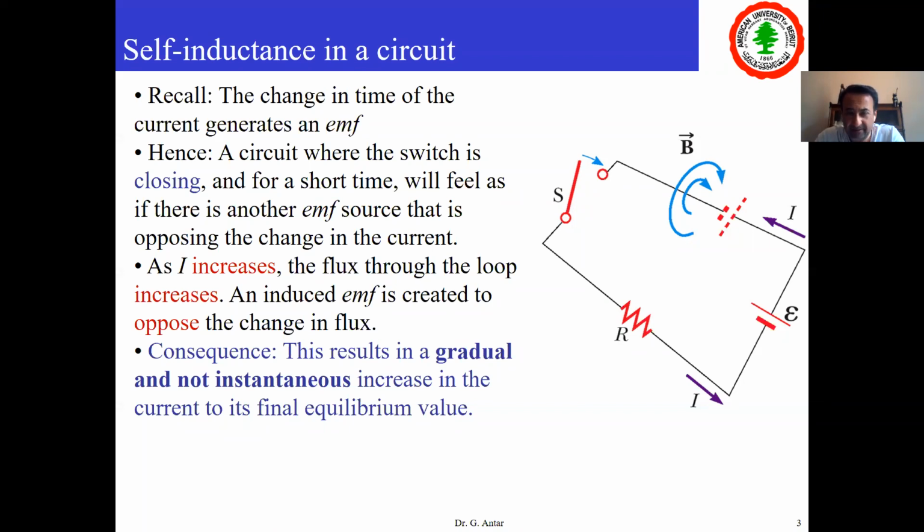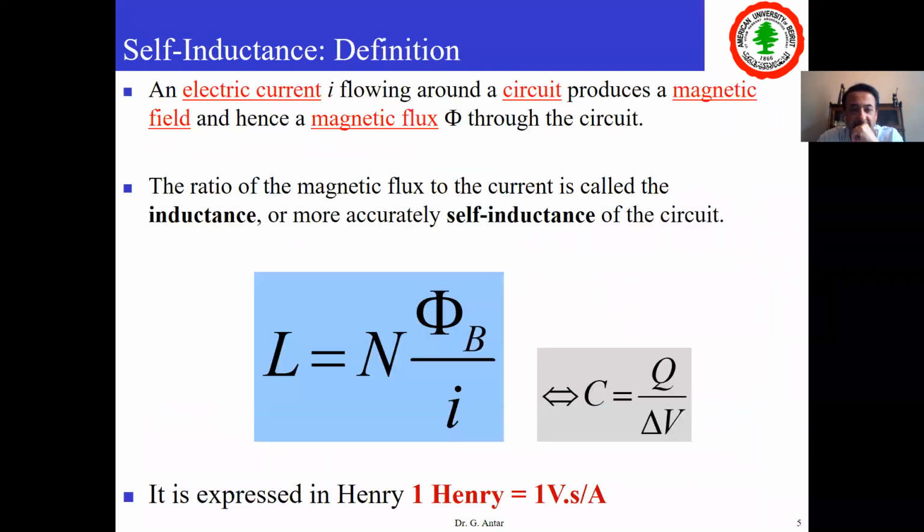Okay? So basically now, there is a link between the electromotive force E and the time variation of the current I. Instead of just leaving it like this, what we're going to do is introduce an inductor.